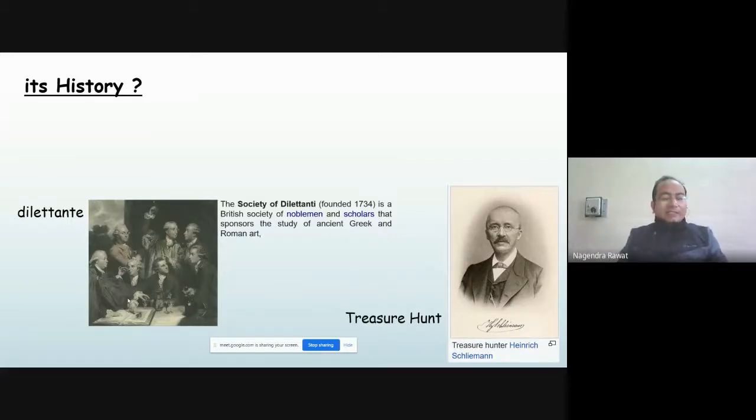Dilettanti means a group of people who had an interest in historical antiquities, archaeological antiquities, and cultural antiquities. They started collecting the antiquities, made their own collections in their houses, and later on started selling and purchasing them. So this kind of phase also came in the history of archaeology.